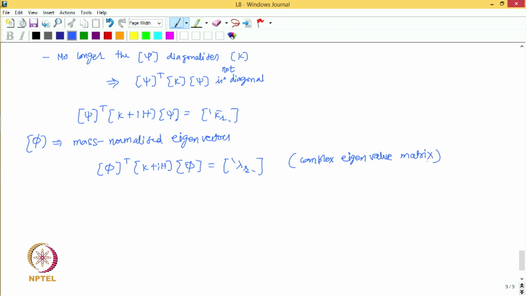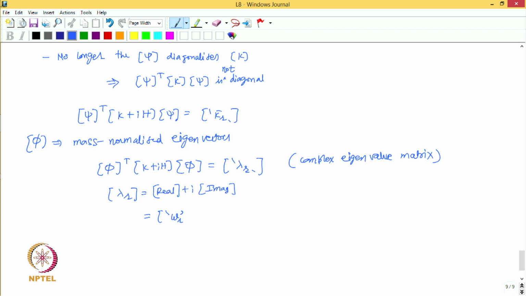Now this complex eigenvalue matrix we can write as real part of the matrix plus the imaginary part, right.